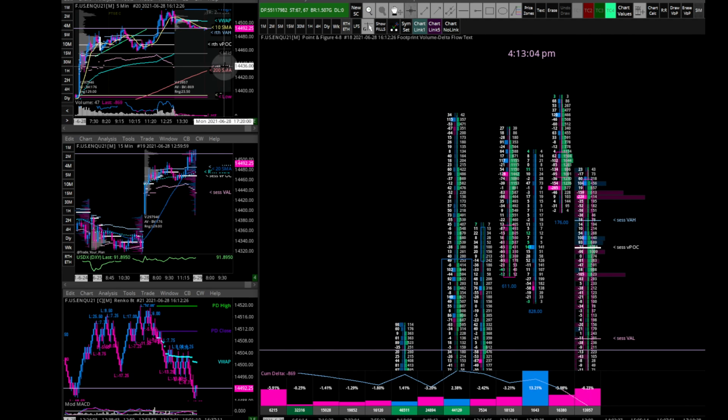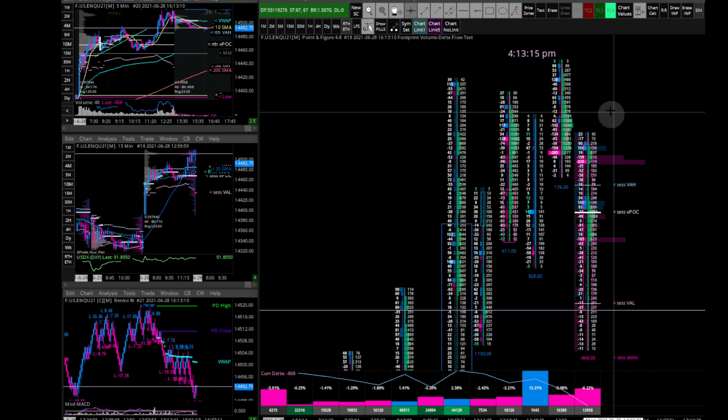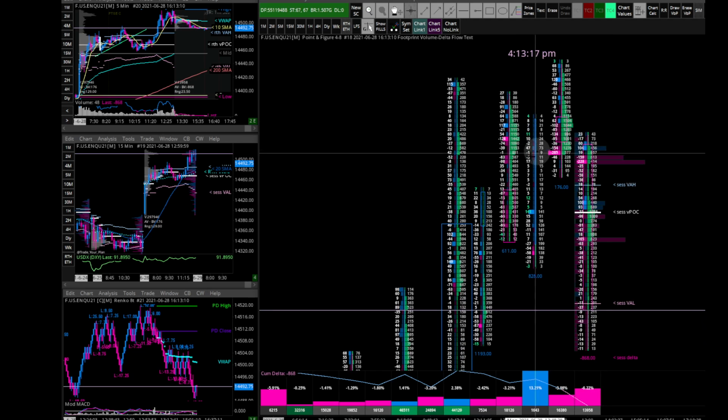On days like this, and Friday and Thursday of last week, where it kind of chops around, I actually scalped the NQ very, very successfully using high volume nodes.